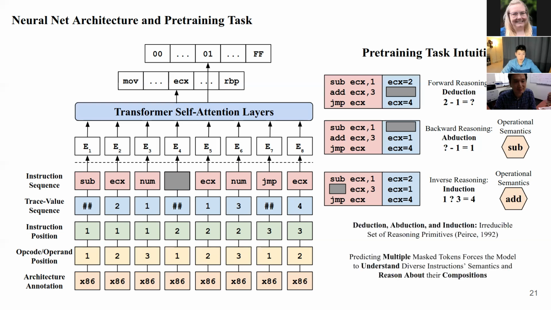And it turns out that deduction, abduction, and induction during this masked language modeling process are an irreducible set of reasoning primitives in the human brain, and predicting multiple masked tokens in both instruction sequences and trace values forces the model to understand diverse instruction semantics and also reason about their compositions.